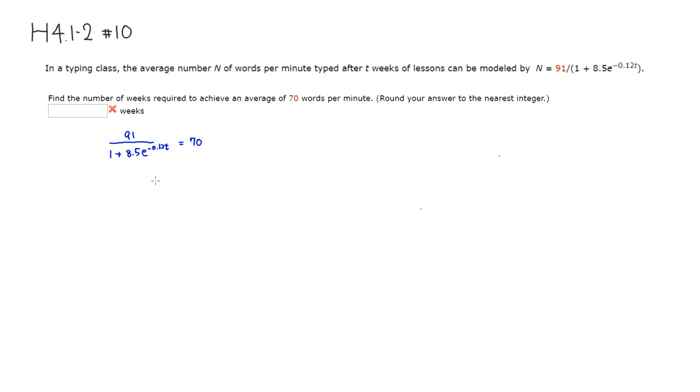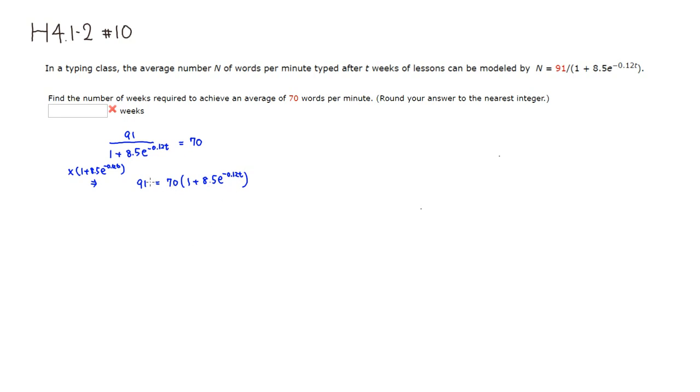I don't like a fraction, so I'm going to multiply through by 1 plus 8.5 e to the negative 0.12t. So you get 91 on this side, and 70 times 1 plus 8.5 e to the negative 0.12t.